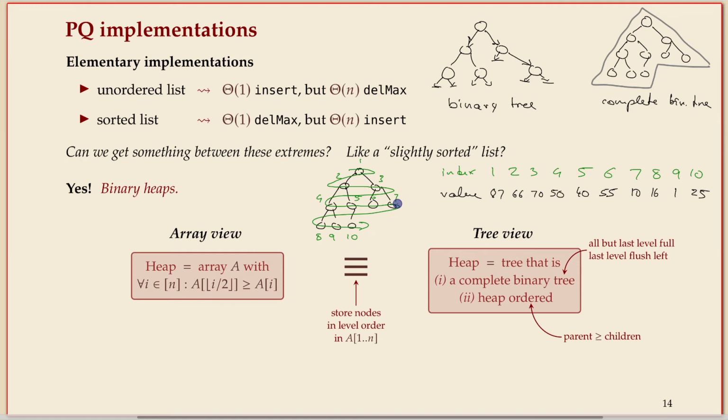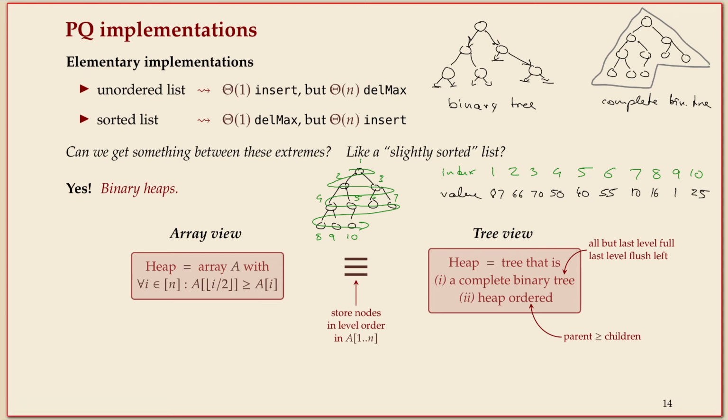And you can work out that this is exactly what happens. Taking an index and halving it rounded down is going to the parent. All right? So the two things are the same. You can either write it as an array satisfying this weird condition, or you can have a complete binary tree with heap order on the labels. The same thing.